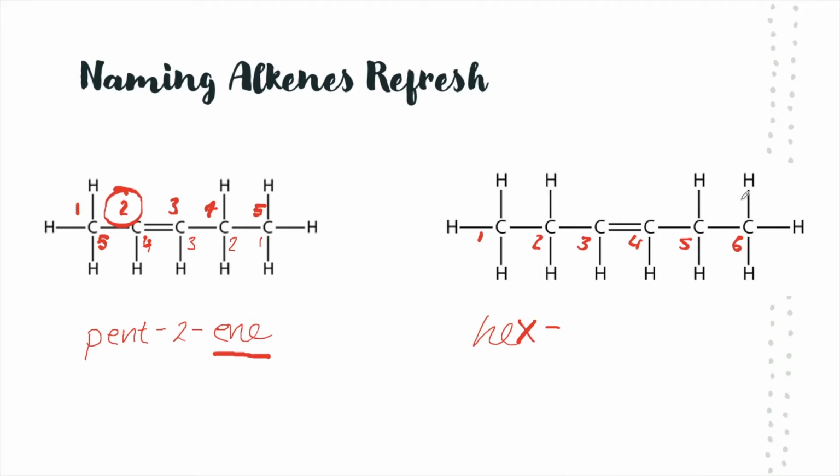And from the other side, 1, 2, 3, 4, 5, 6. So in this case, it doesn't matter which side you start at, you will always find that the double bond starts at carbon 3. So we'll pop our 3 into the middle and finish off its name with ene.